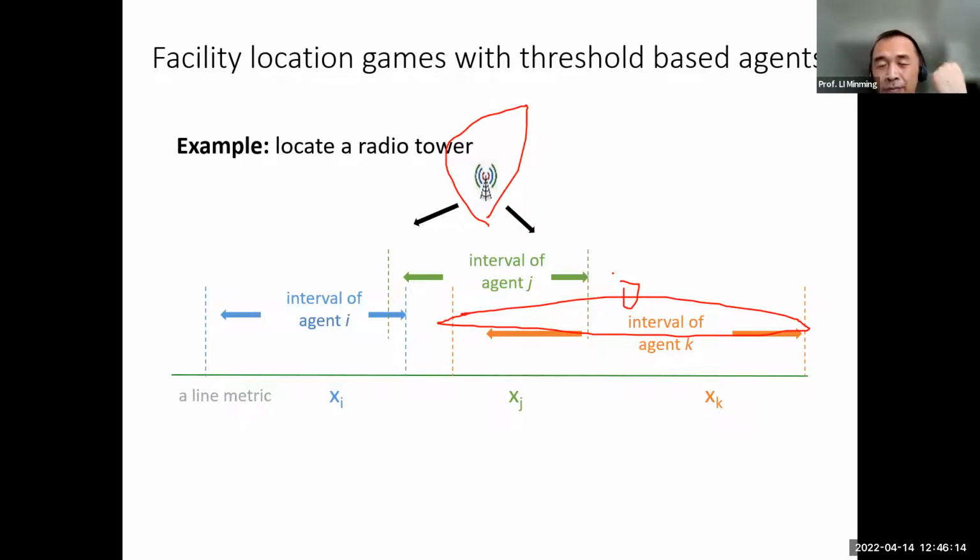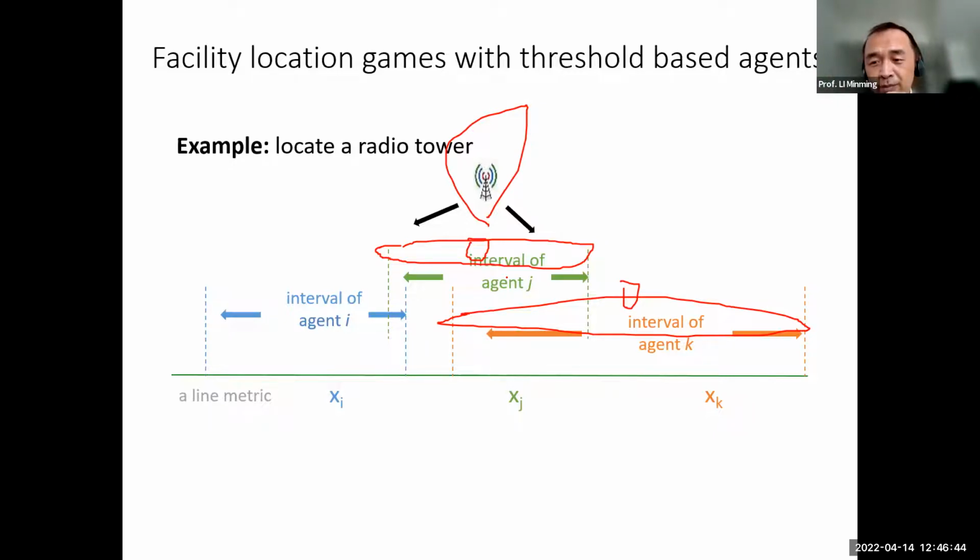Then there are some old brands of mobile phone. The green one says, my mobile phone is not that good. I can only receive signal when your base station is within 100 meters from me. So for this kind of person, you see his acceptable interval is shorter. For those strong mobile phones, there's a very large interval size.